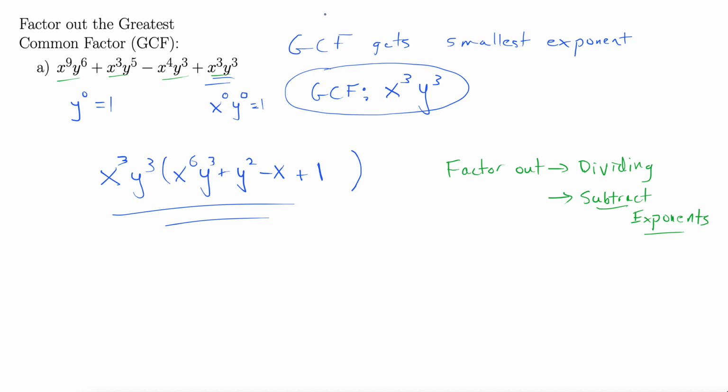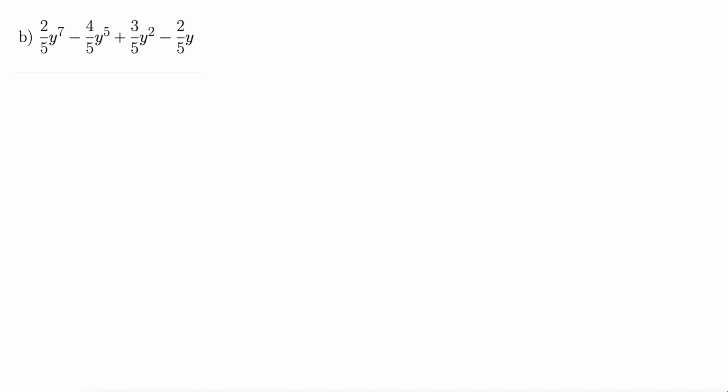Let's try another one. Again, we want to factor out the GCF, but now we have fractions. We have 2/5 y to the 7th minus 4/5 y to the 5th plus 3/5 y squared minus 2/5 y. Yikes! But do not fear, this isn't as bad as it looks. Let's deal with this one thing at a time.